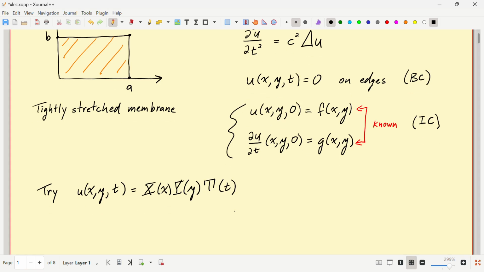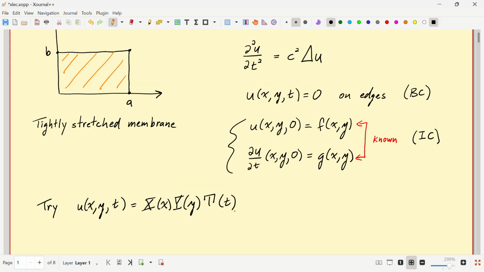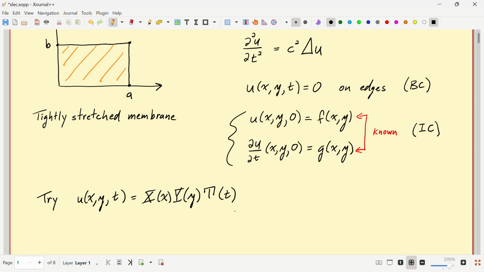When you plug that into the partial differential equation, let's also take c to be 1. That c turns out to be the speed of propagation. If I whack it with a drumstick and let the waves spread out, that's how fast the waves would move in the square. So let's take c to equal 1 just to make life easier.